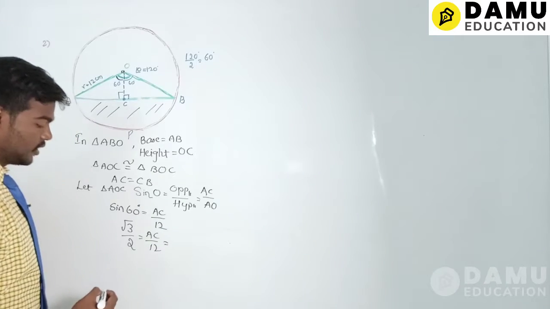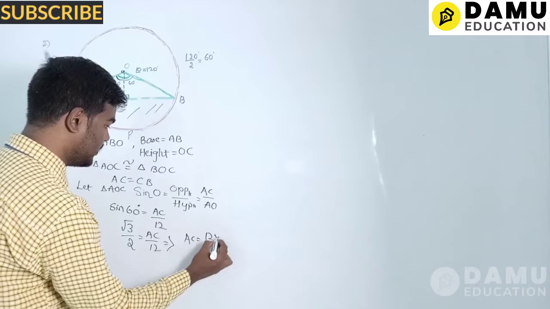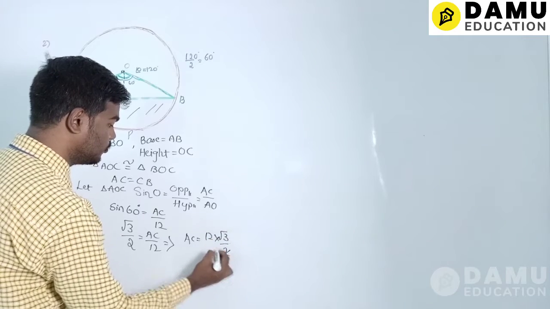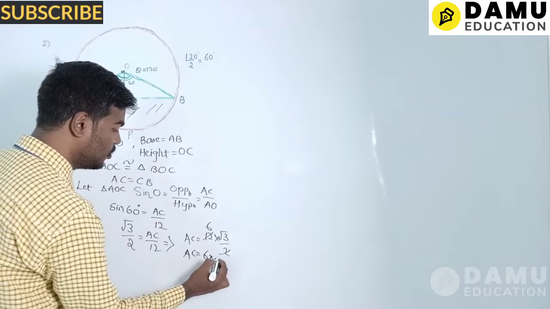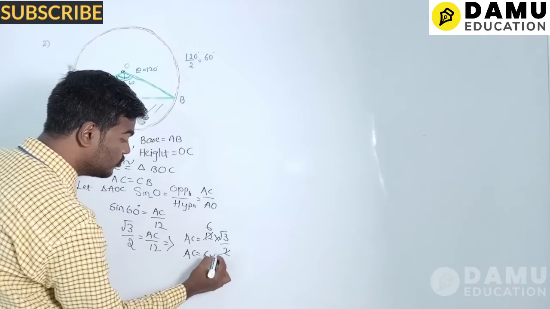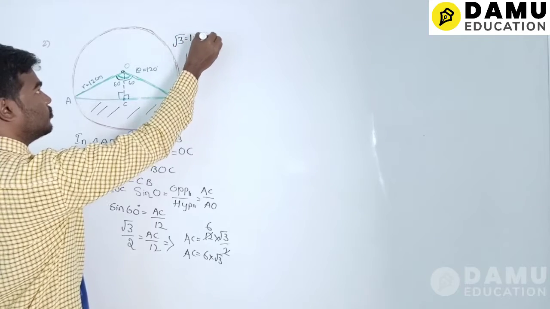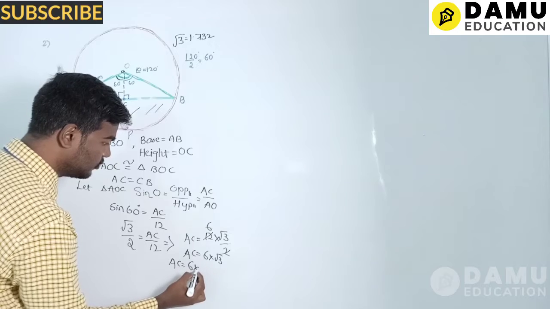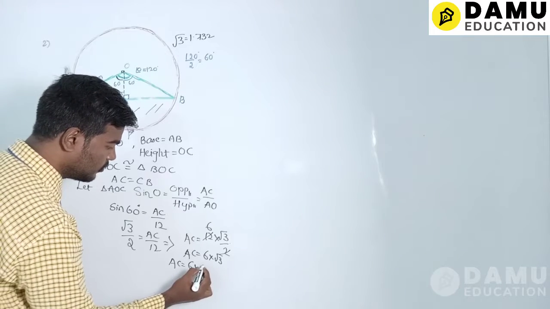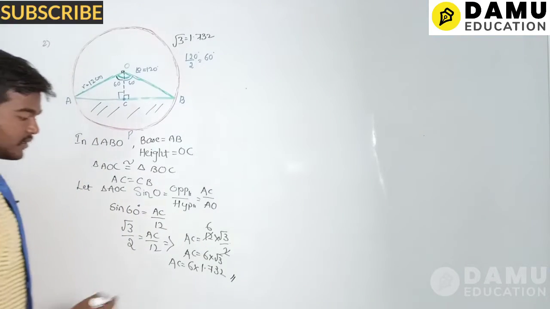That implies AC will be equal to 12 into root 3 by 2. 2 ones are 2, 2 sixes are 12, so AC will be equal to 6 into root 3. Consider root 3 as 1.732. So AC will be equal to 6 into 1.732.